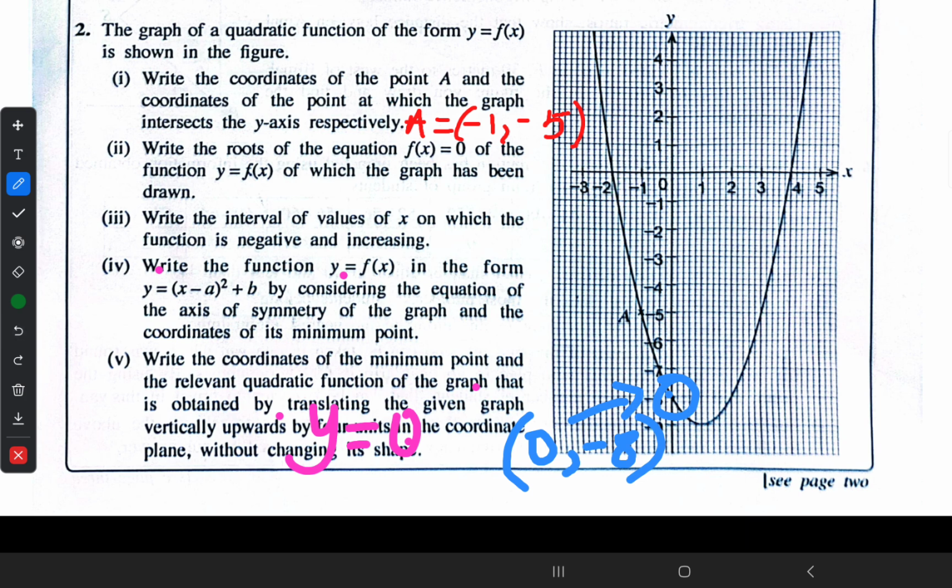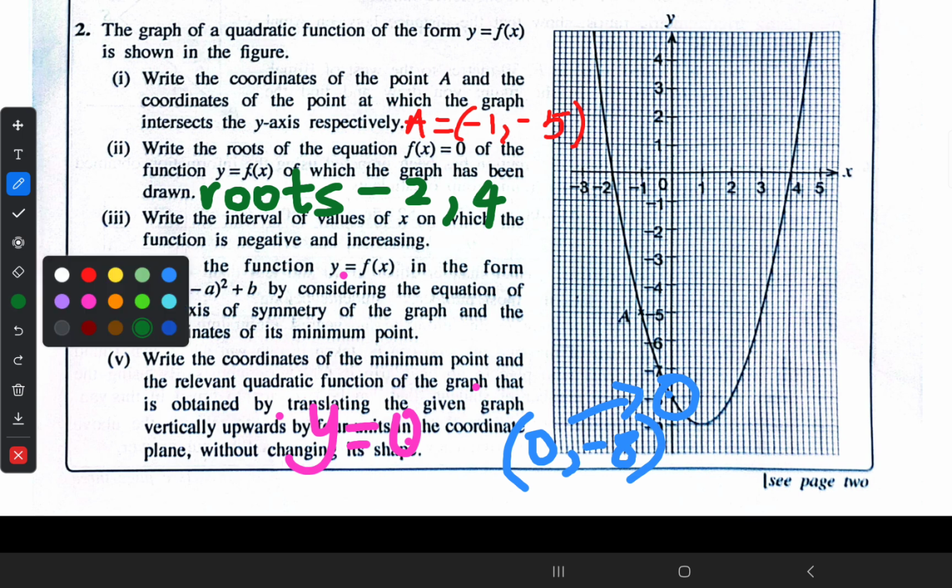We have to find the roots. So the roots of this graph are here and here. When x is -2 and x is 4, that is -2 and 4. These are the roots of the given graph. Root means where the graph intersects the x-axis.